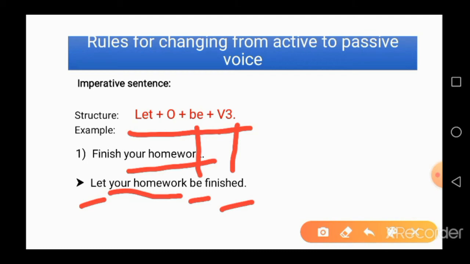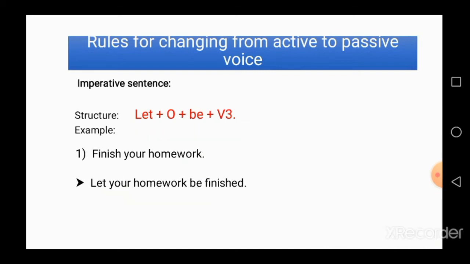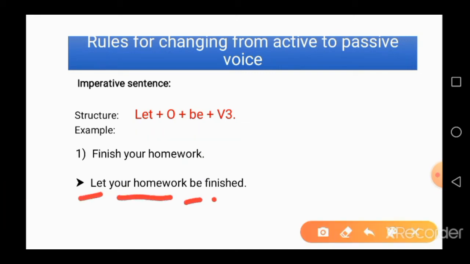The verb is finish and the third form of finish is finished. So, finish your homework and the passive voice is let your homework be finished. This is the passive voice of an imperative sentence. So, remember the structure of the passive voice of an imperative sentence: let plus object plus be plus V3.